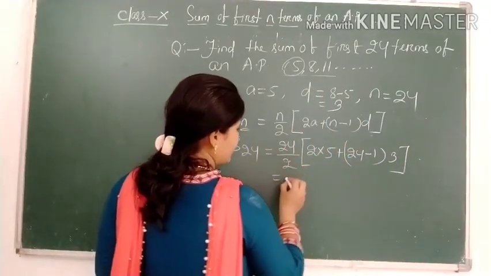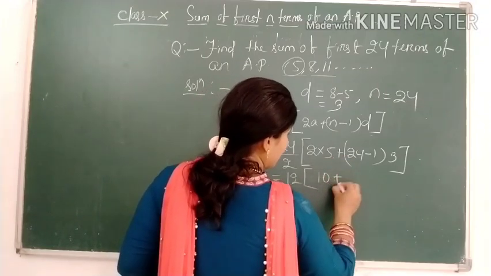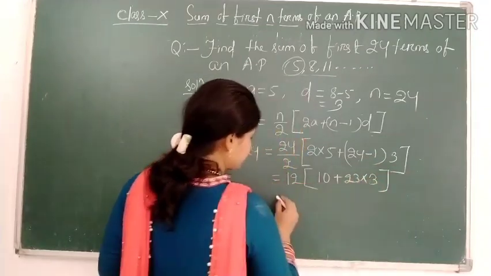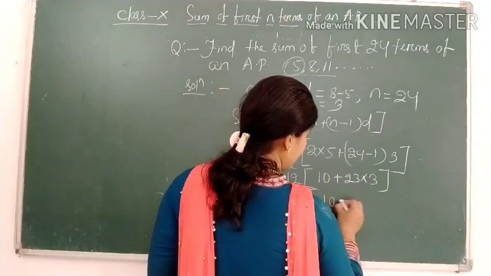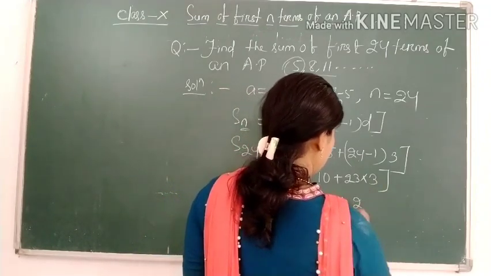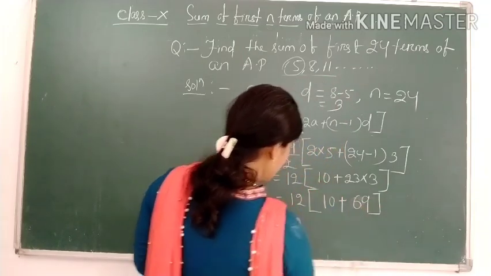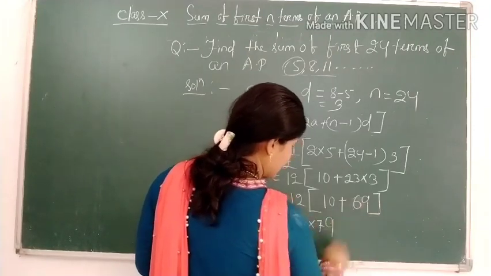So 24 by 2 is your 12, and 2 fives are 10, plus 23 into 3. 23 into 3 is your 69, and 10 plus 69 is your 79.